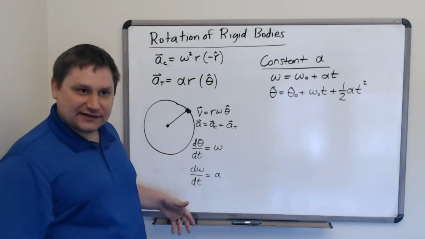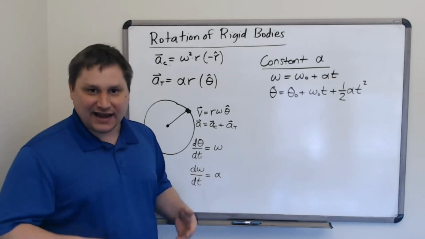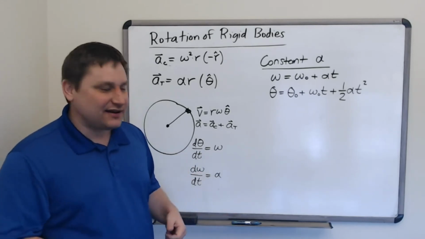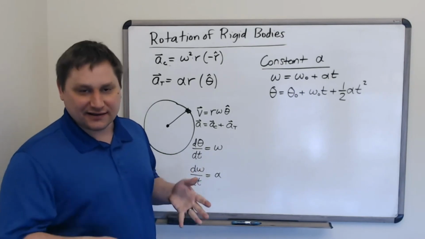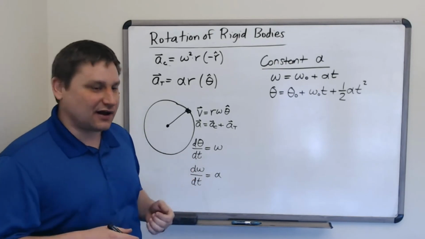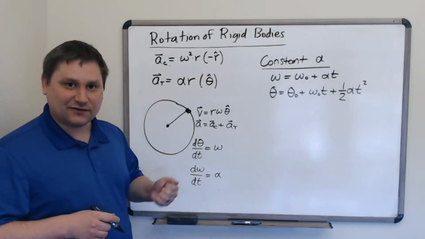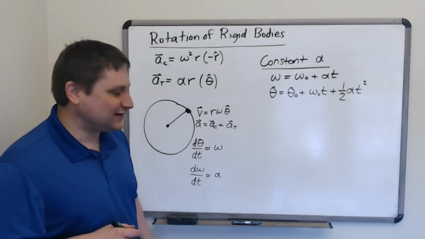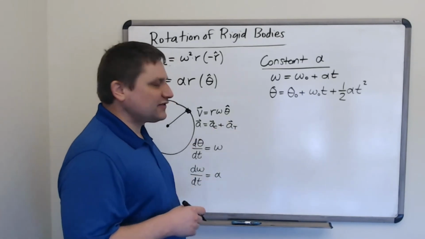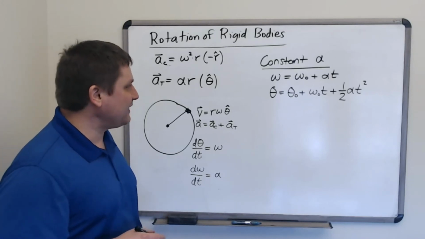The only difference is now we're measuring angles per second instead of distance per second. So the equations all have the same look, with just the angular quantities replacing the linear ones. There's two more shortcut equations we can get from this.